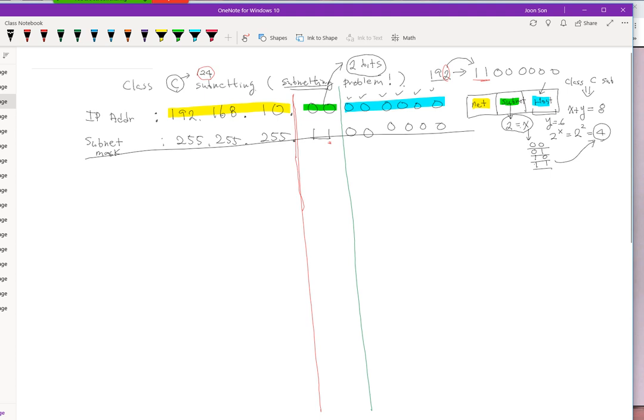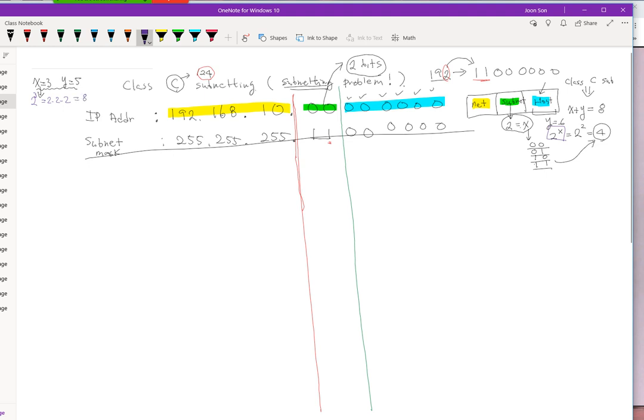Here's another one, I need a volunteer. If X is, let's say, 3, then obviously Y is 5, for class C subnetting. For X equal to 3, how many subnets? Any volunteer? Come on. How many subnets? 8. Because 2 to the X, so 2 to the 3 is 2 times 2 times 2, which is 8.